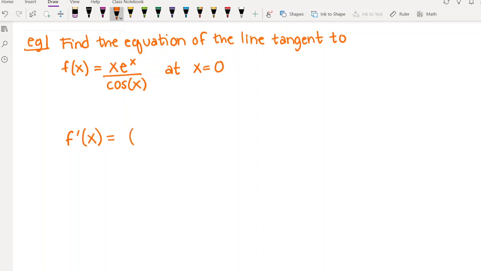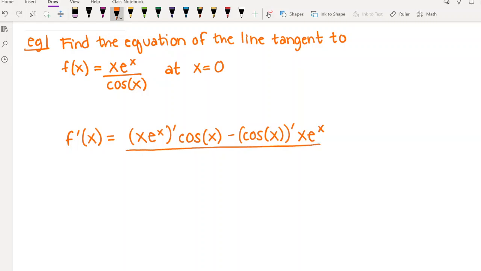So I'm just going to write x e to the x prime as a placeholder to remind us that we need to take the derivative of that numerator. And then from that, we subtract taking the derivative of the denominator and multiplying that with the numerator as is. And then we're going to divide that by cosine of x squared.